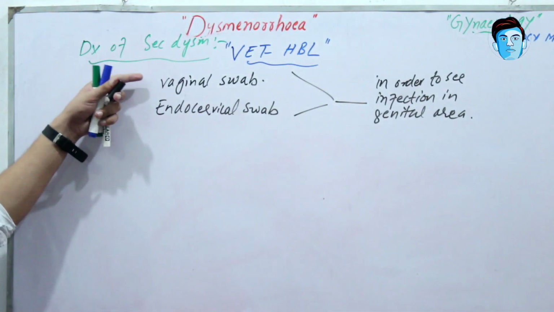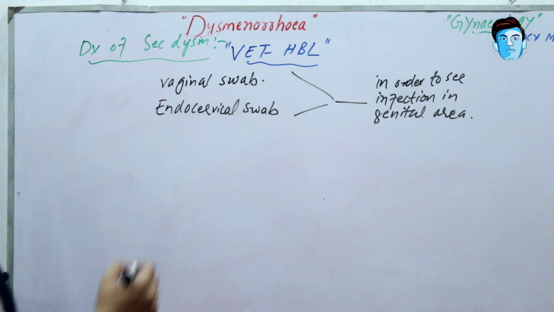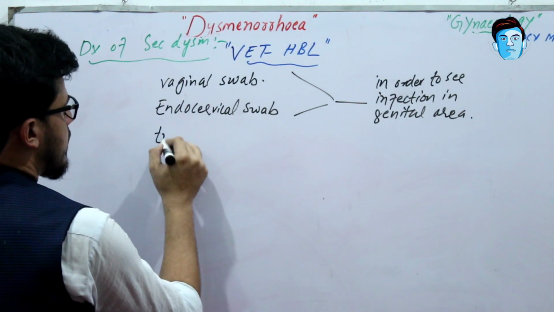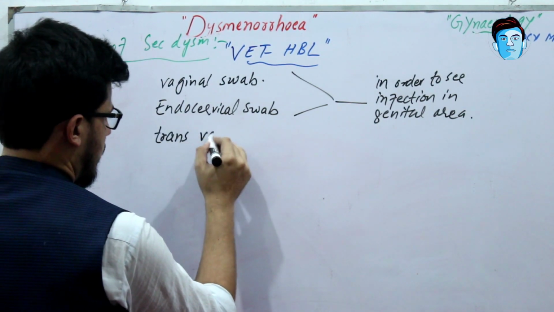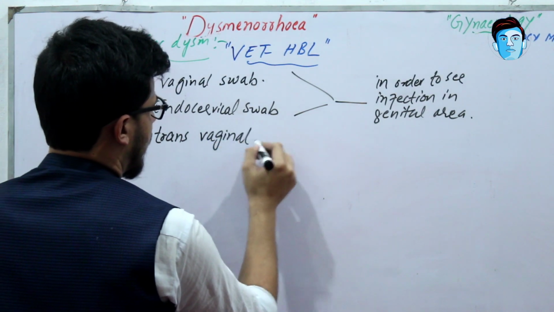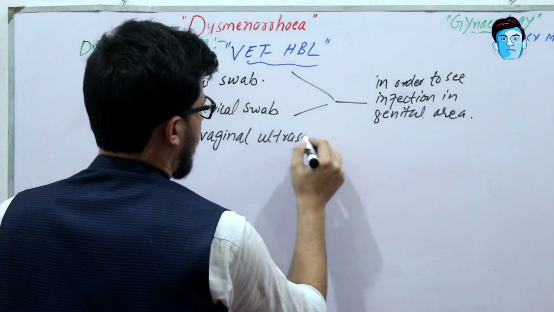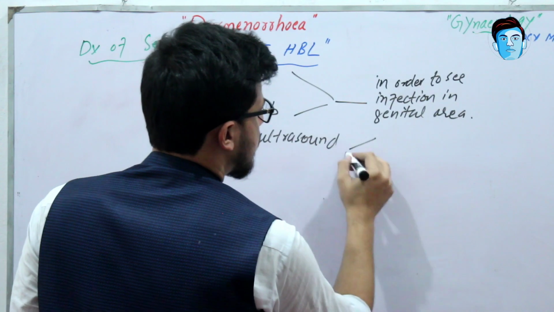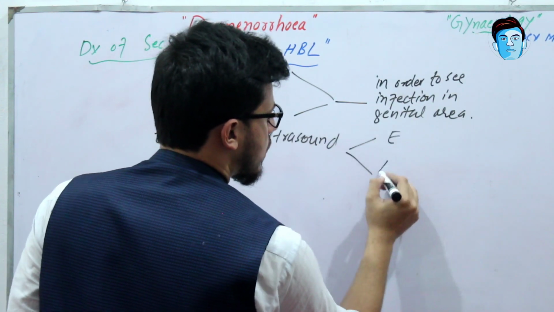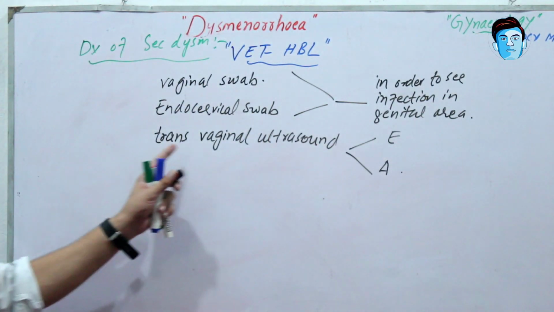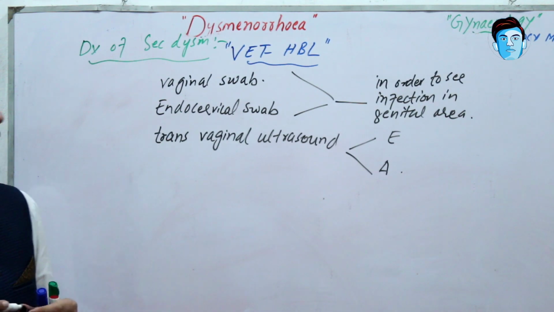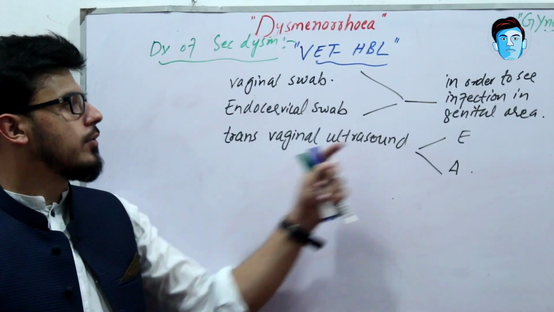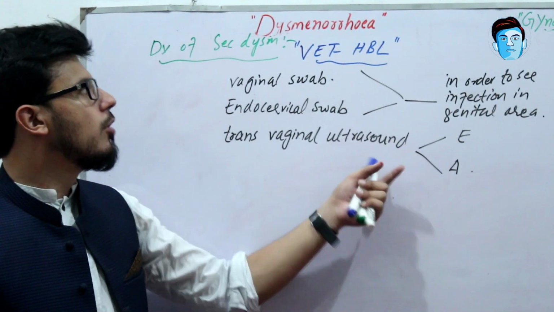Another diagnostic criterion is transvaginal ultrasound. If there is suspicion of endometriosis or adenomyosis, then we have to do transvaginal ultrasound.